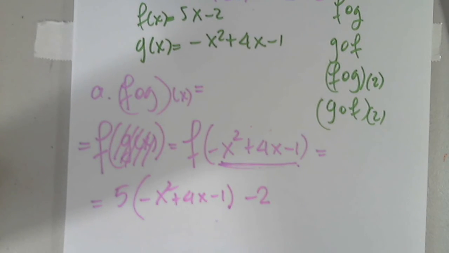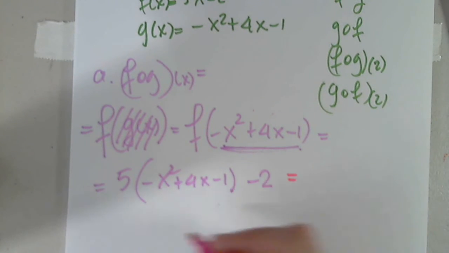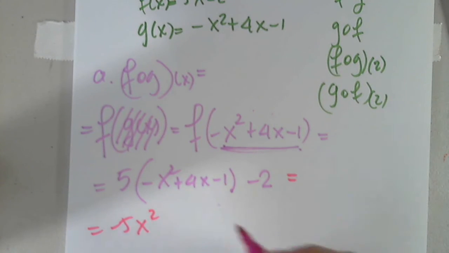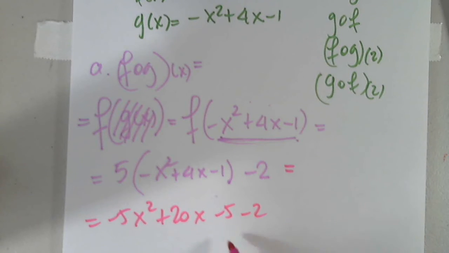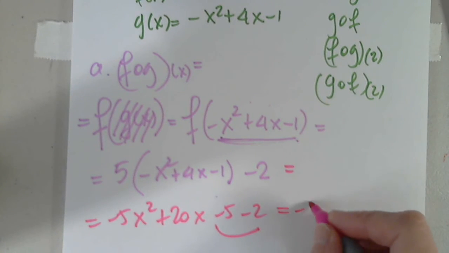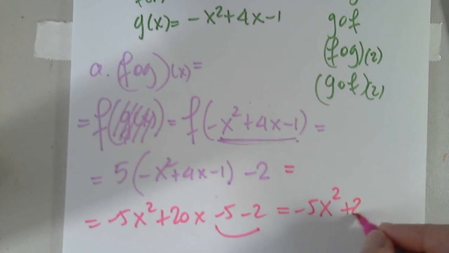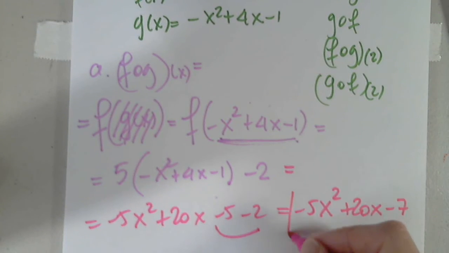I have to proceed by simplifying fully. I distribute 5 and get negative 5x squared plus 20x minus 5 minus 2. I combine these two and I'm done. So negative 5x squared plus 20x minus 7.